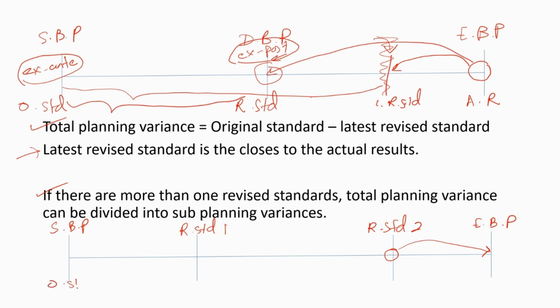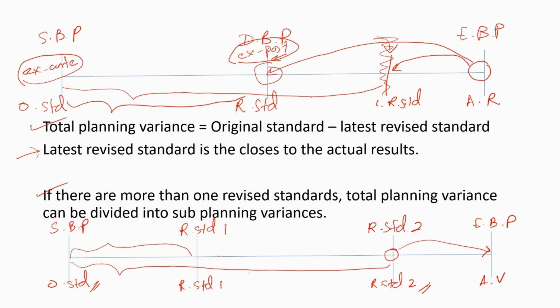Here we have the original standards, here revised standard 1, this is revised standard 2, and here we have the actual values. We can calculate the total planning variances between these stages using original standard values and revised standard values too. As you can see, there are two subsections, this and this. The total planning variance, which is here, is equal to the summation of these planning variances.